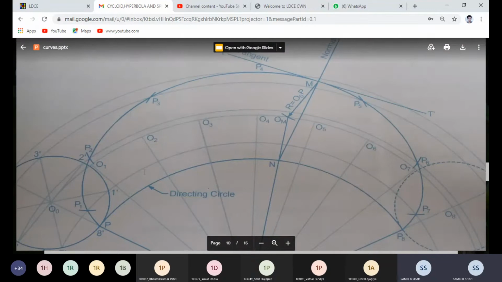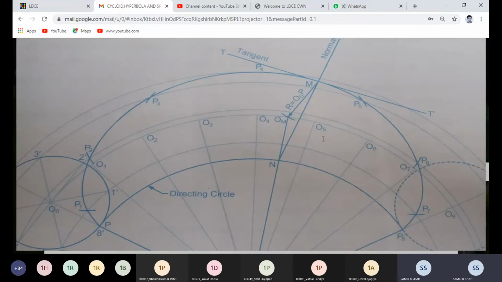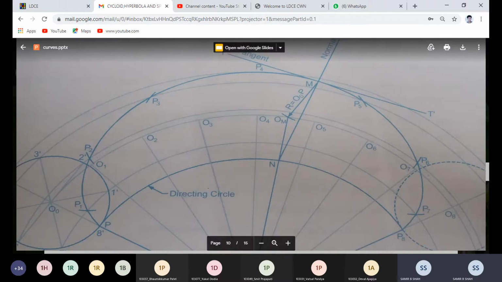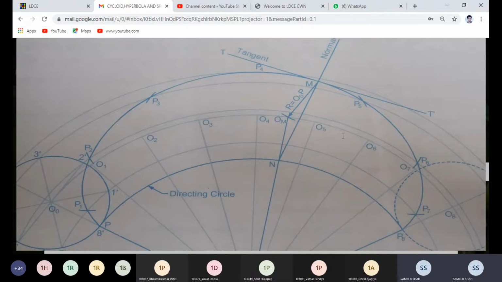Yes, you can see that epicycloid is the curve generated by the point on the circumference of the rolling circle when the circle rolls outside another circle. There is one circle, the directing circle, and another circle is the rolling circle. If it rolls outside the directing circle, then it's called an epicycloid.